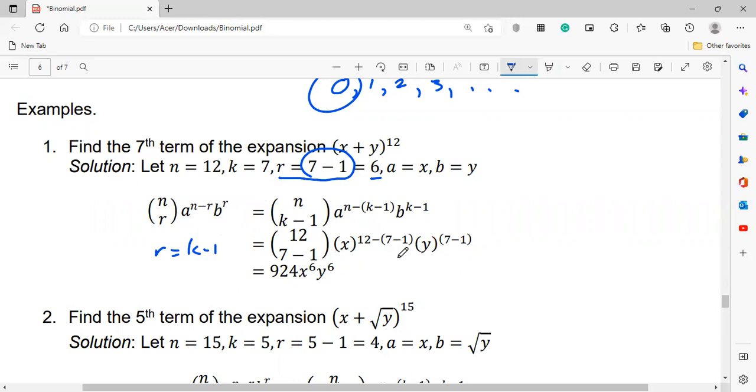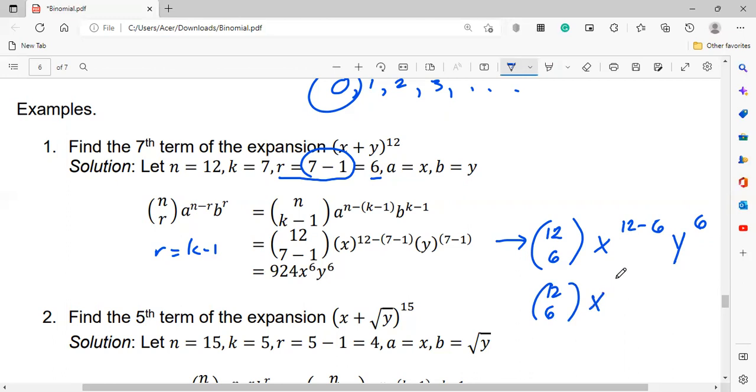Okay? That is 6. So, in this one, pwede natin i-write into 12 taken 6, x raised to 12 minus 6, y raised to 6.